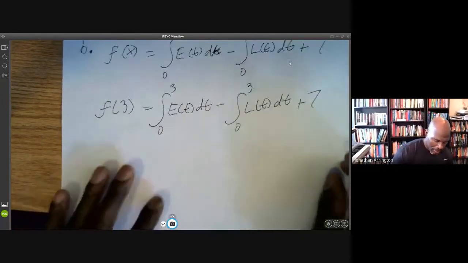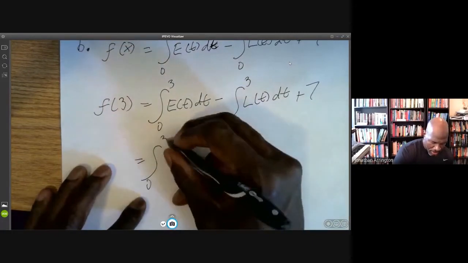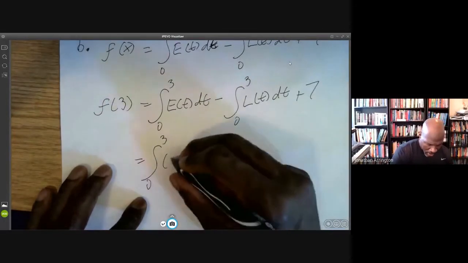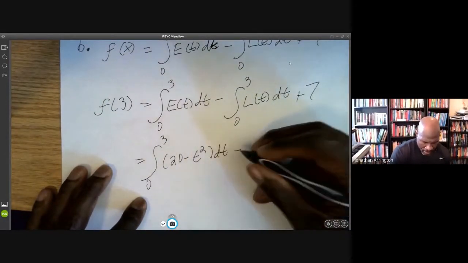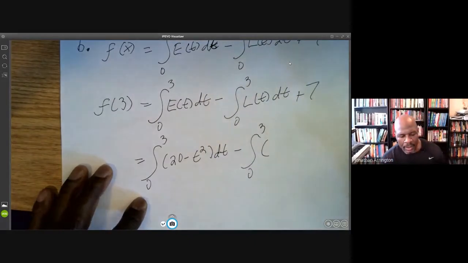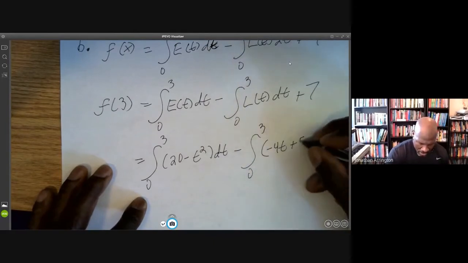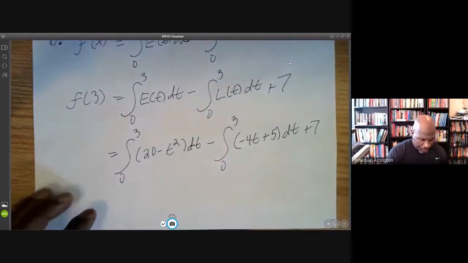So let's put in what these functions actually are. The integral from 0 to 3 of e of t, which is 20 minus t squared, and L of t is negative 4t plus 5, dt plus 7.